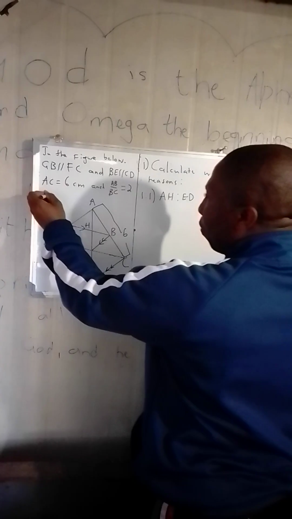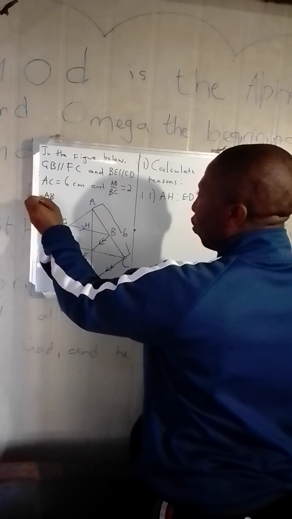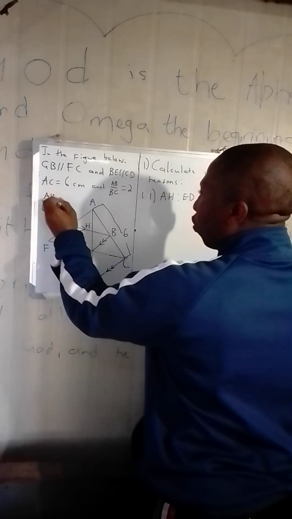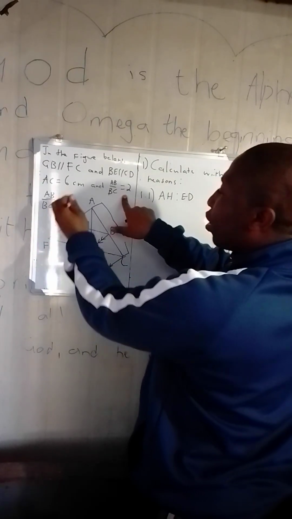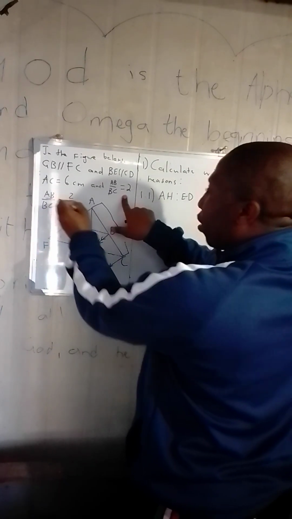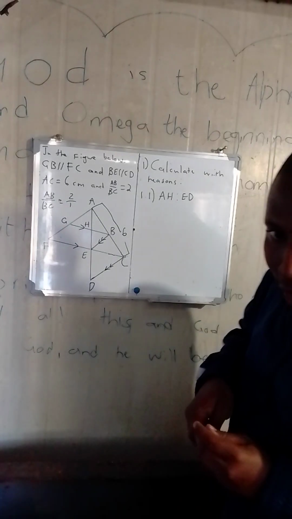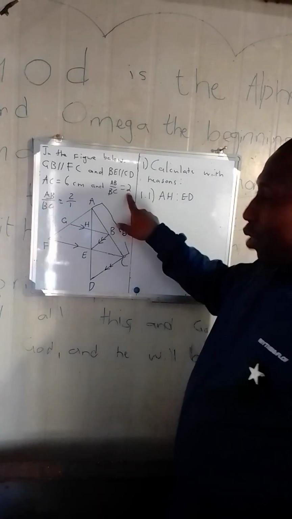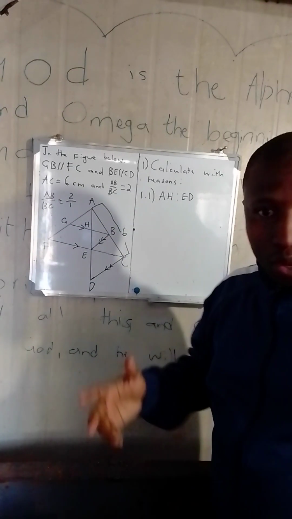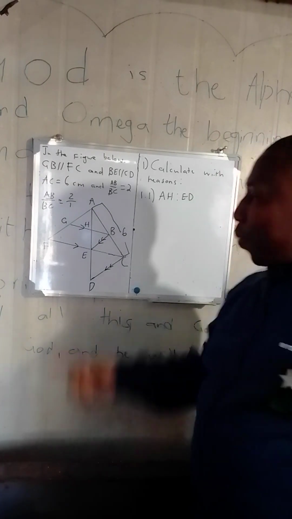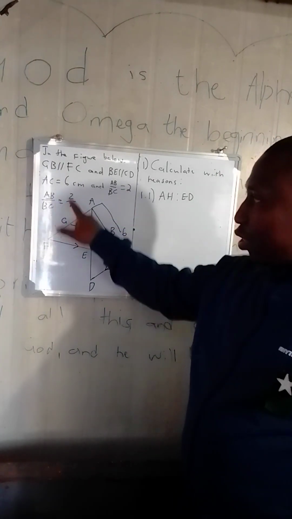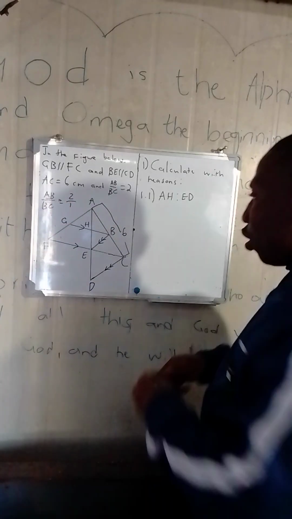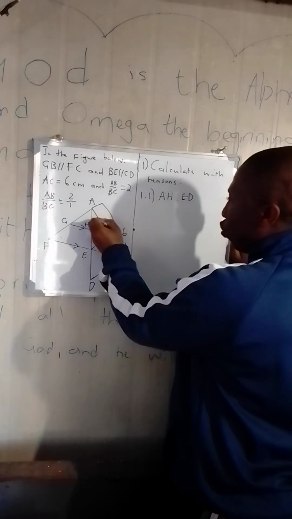So AB over BC can also be written as 2 over 1. Remember, any number divided by 1 is that number. So this is the ratio of AB is to BC: 2 is to 1.